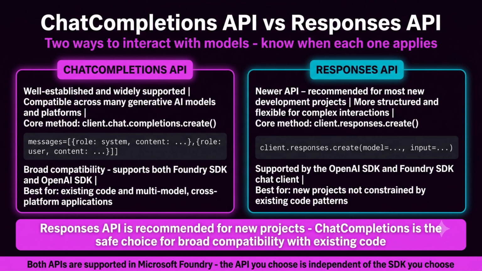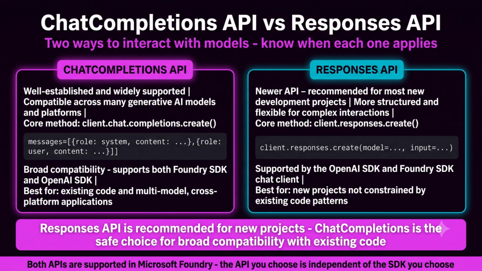You call client.chat.completions.create and pass it a messages array where each item has a role, system, user, or assistant, and content. The key strength here is compatibility. It works across many different generative AI models and platforms. If you have existing code using chat completions, it will work with minimal changes.